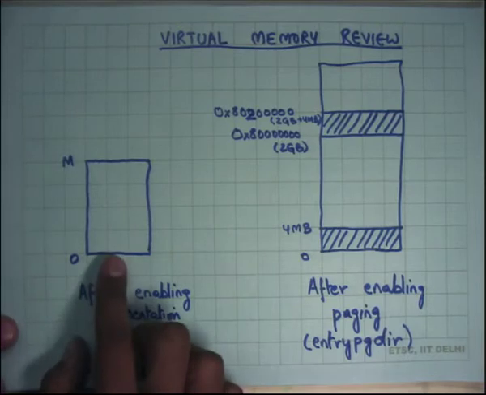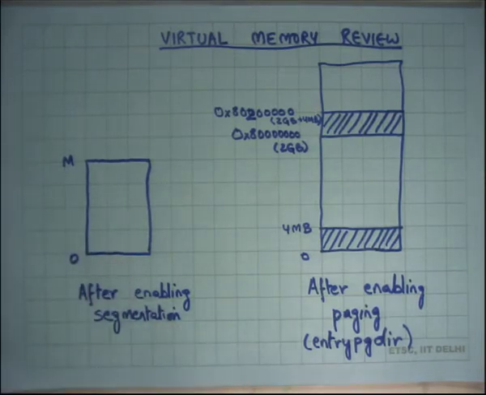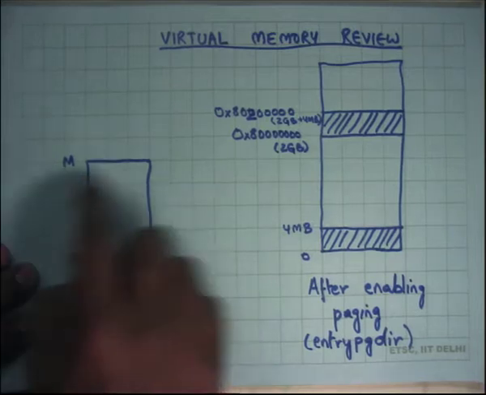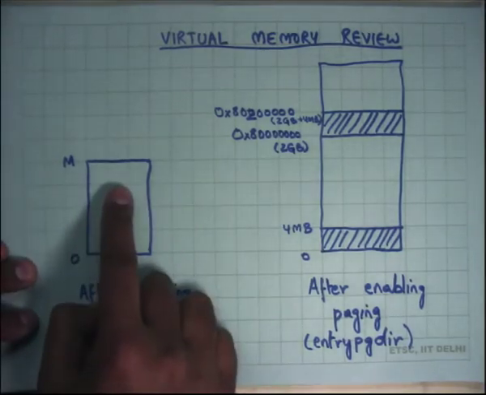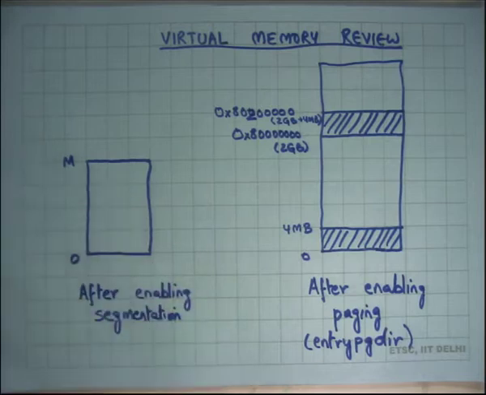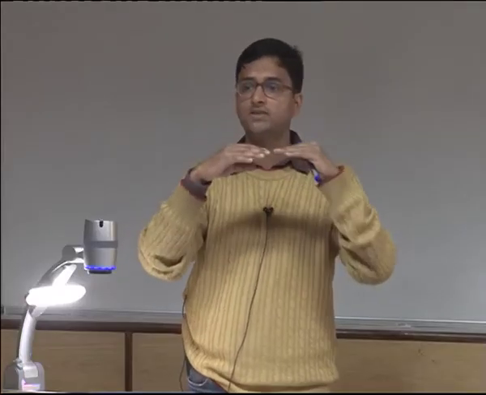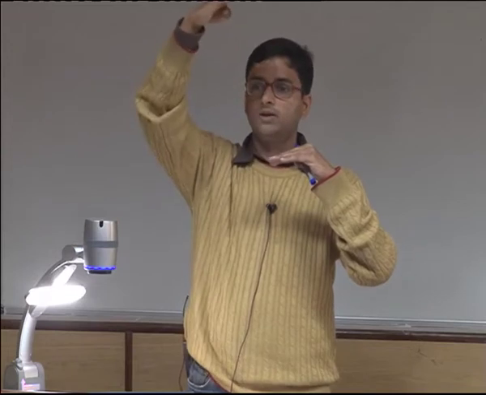While it's doing that, the address space is still 0 to m, right? So it picks up the kernel and sticks it somewhere in this area. We saw last time that it sticks the kernel starting at address 1 MB, right?